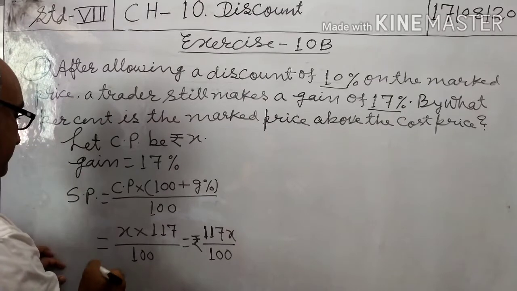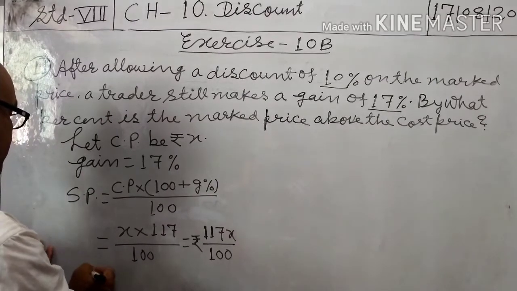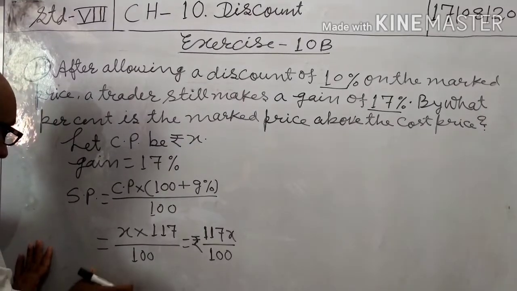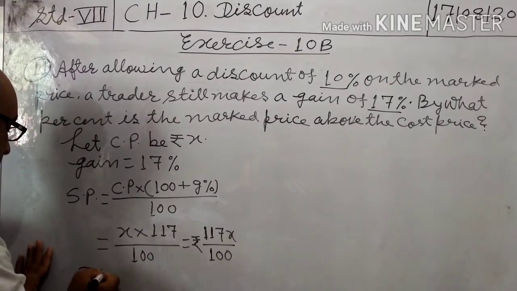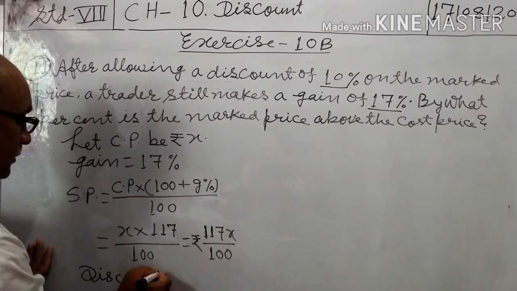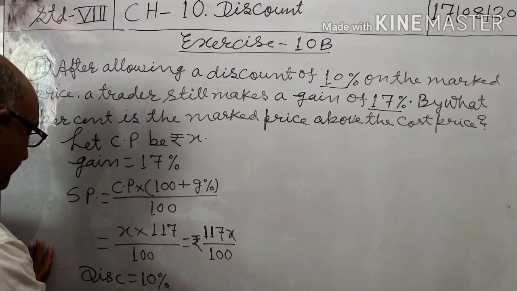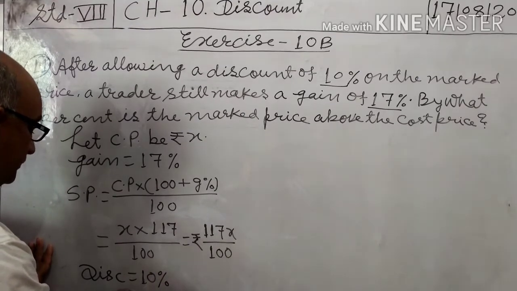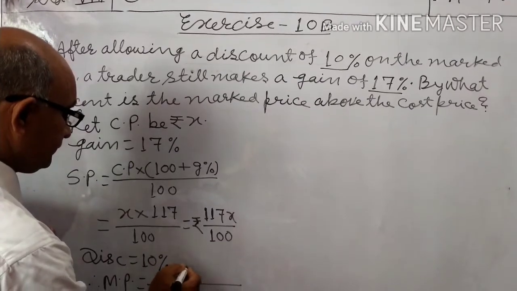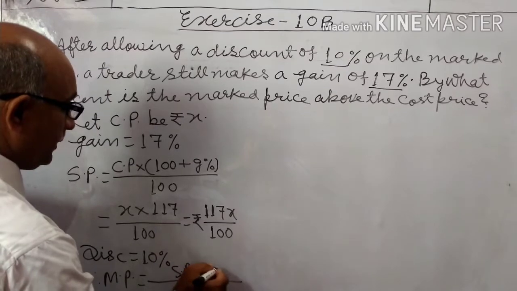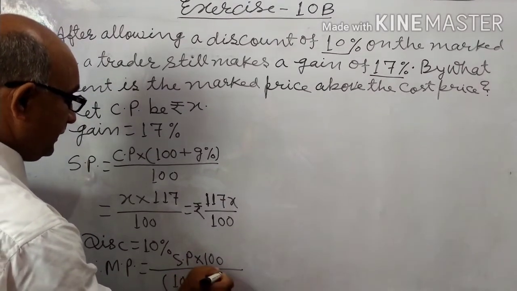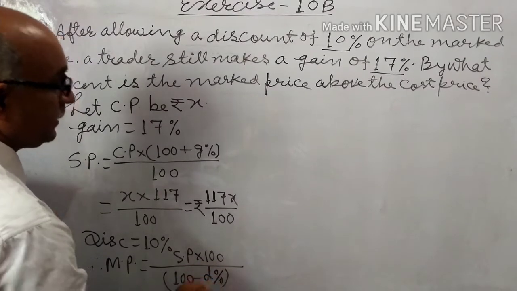Now discount is 10%. So find MP equal to SP into 100 by 100 minus discount percent.